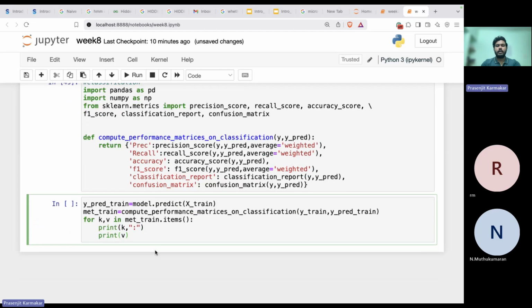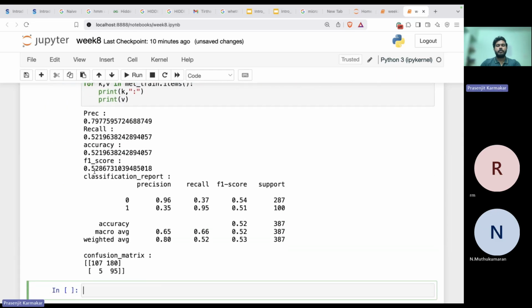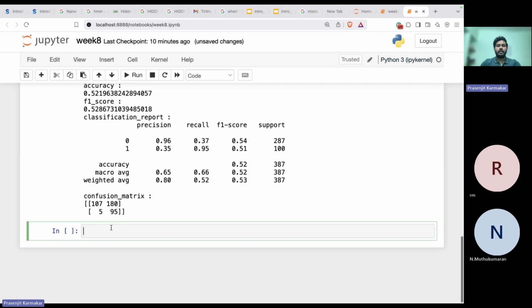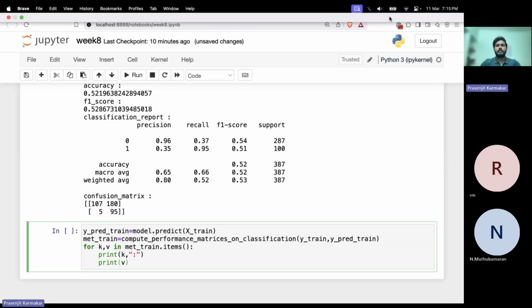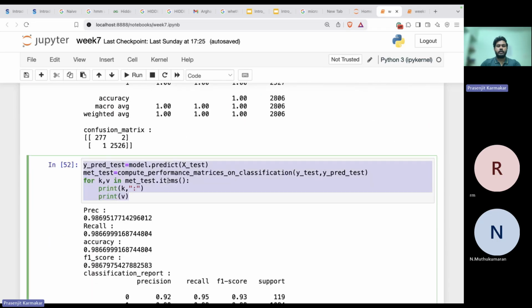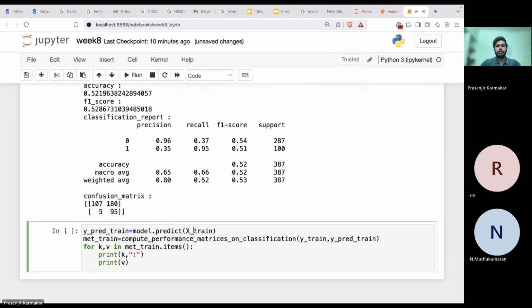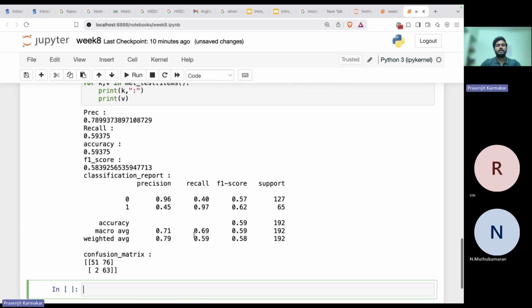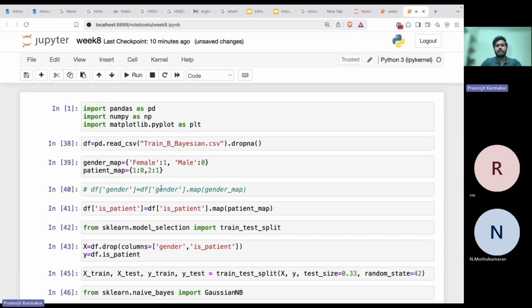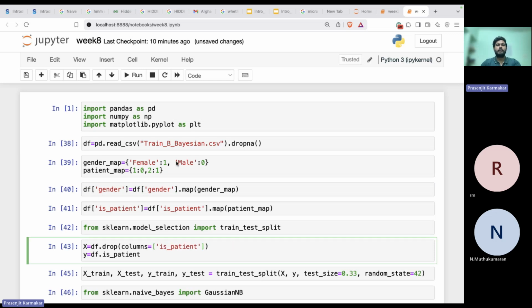Predict on train: my training prediction is 52%. And for my test prediction, let's copy the test part: my test prediction is 58%. So pretty good. If I can predict with almost 60% accuracy whether a particular person has liver disease or not, it's good. Okay, so let's now add gender and see whether it can improve my model performance or not.